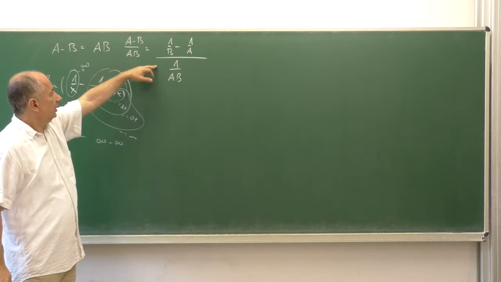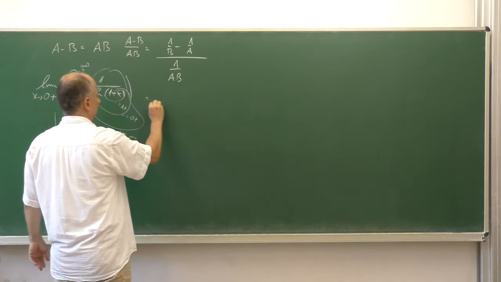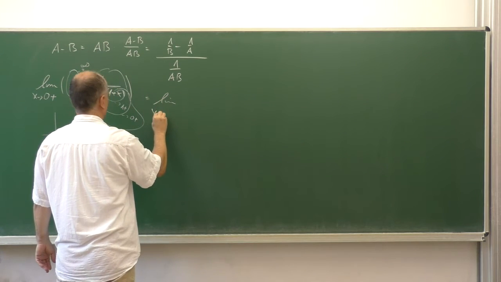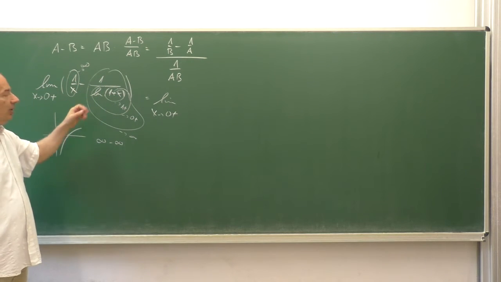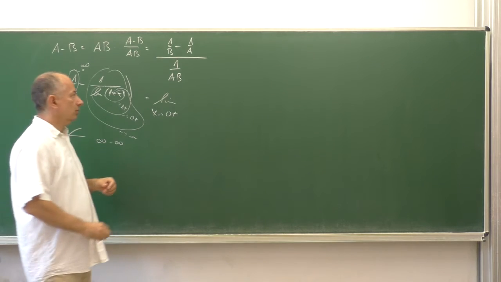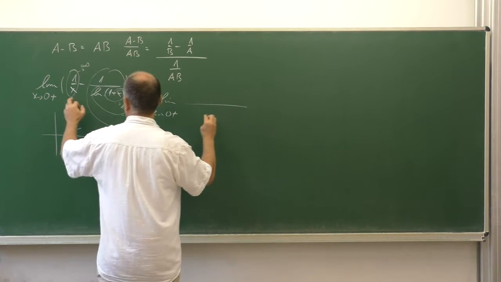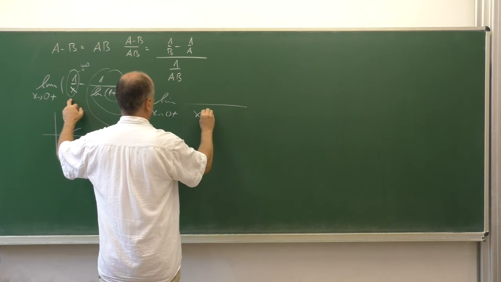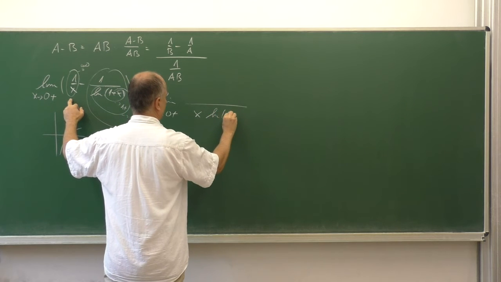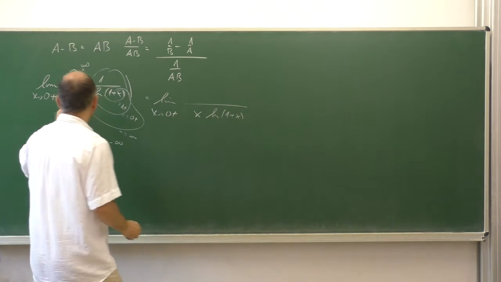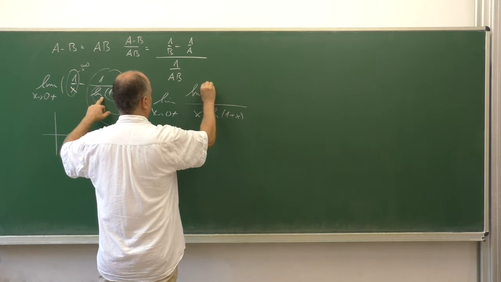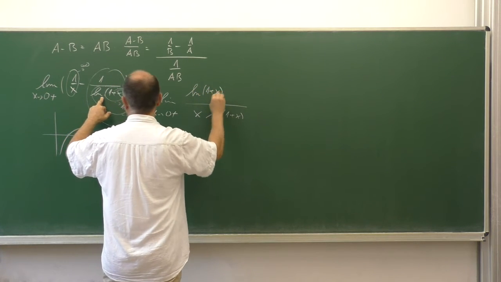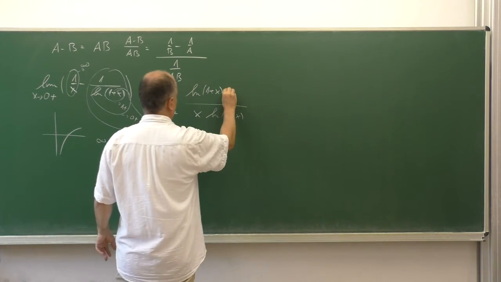And we have the indeterminate expression infinity minus infinity. We can rewrite it in this form, which in this case means that we actually bring the two fractions to a common denominator. x times logarithm of 1 plus x. And in the numerator we have the difference, logarithm of 1 plus x minus x.